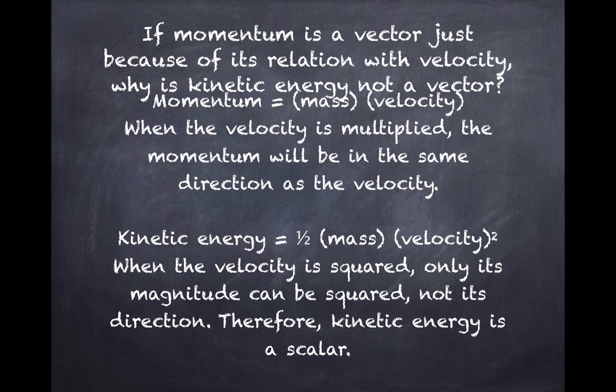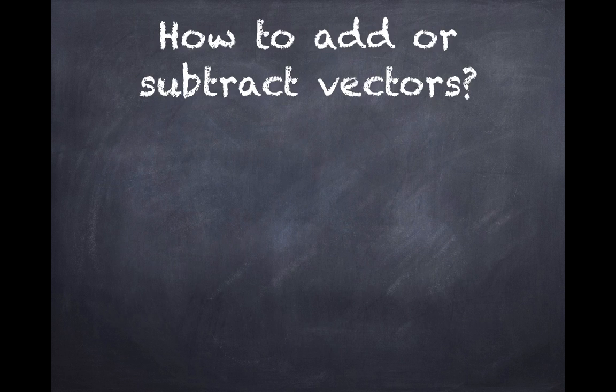So just to make sure that you do not make any such silly mistake, only its magnitude can be squared, not direction. Unless you invent some kind of way to square direction, obviously. I'm going to give you a direction, for example, north. Square it and write it down in the comments below. So kinetic energy is a scalar.